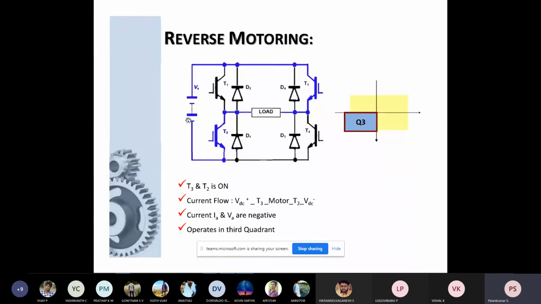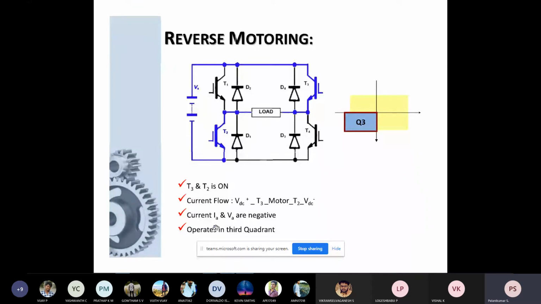Because of this opposite direction, it is called reverse motoring. Now here is plus and here is minus; earlier it was the other way around. I am reversing the power supply, and if I reverse the power supply, the motor also will be reversed. So this facilitates the reverse motoring operation.